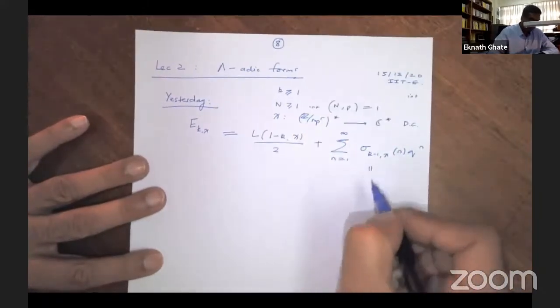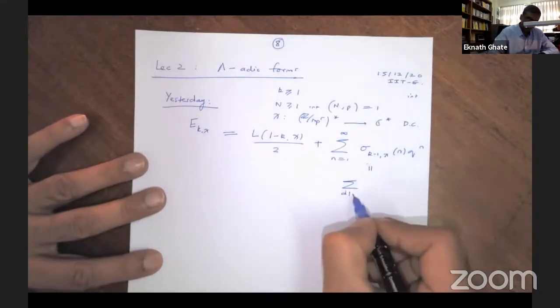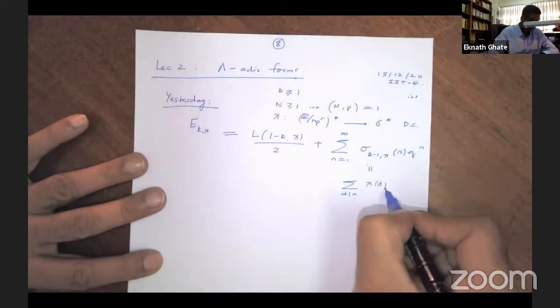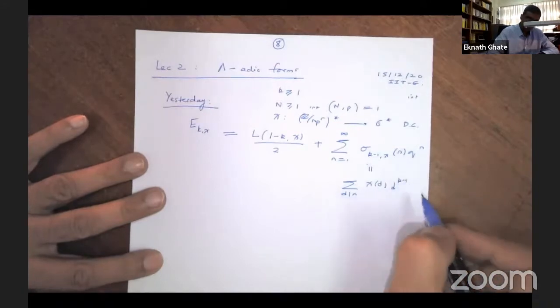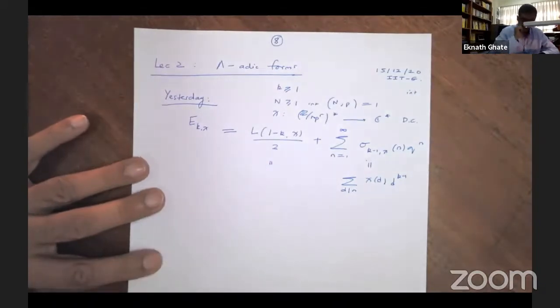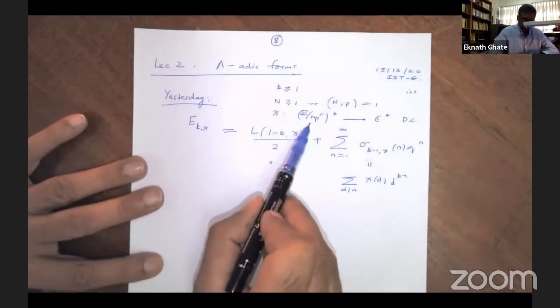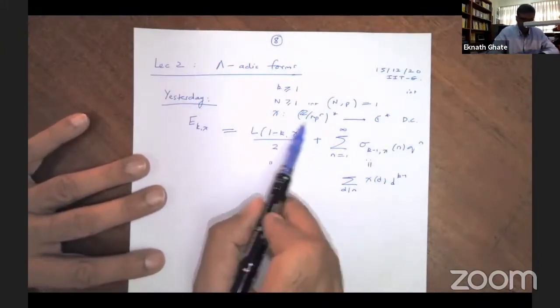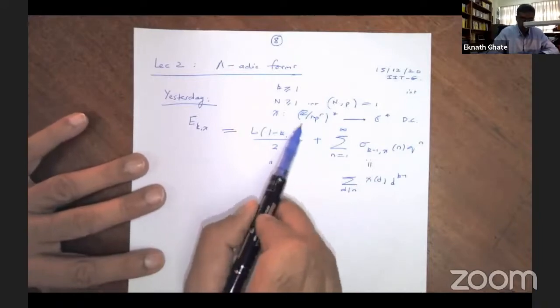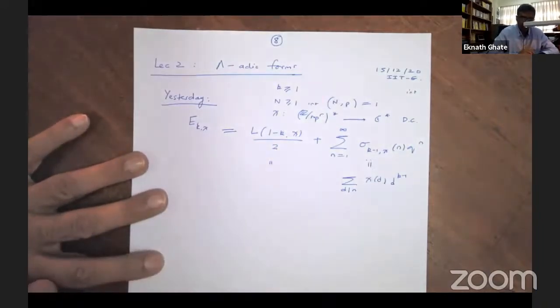Okay, and we all know this is the sum over d dividing n of chi of d times d to the k minus 1. And this is the Dirichlet L function attached to the character chi. So notice here I'm taking characters of a special kind. Well, they're not that special actually, because this is more or less a random conductor. There's a prime to p part, which is n, and there's a p part, which is p to the r.